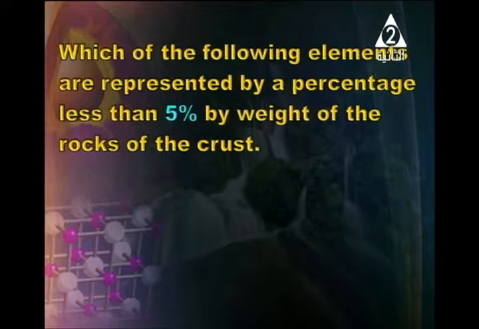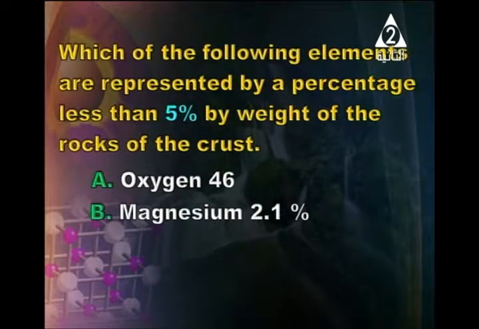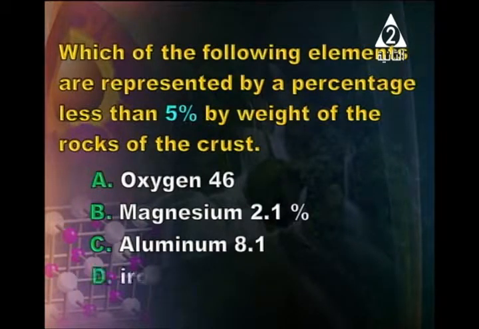Also, we have a similar question: which of the following elements are represented by a percentage of less than 5% by weight of the rocks of the crust? Is it oxygen, magnesium, aluminum, or iron oxides?